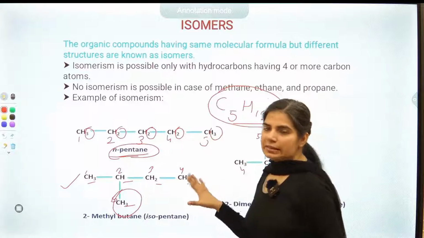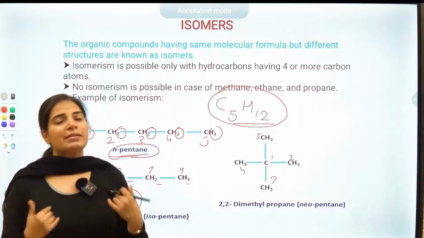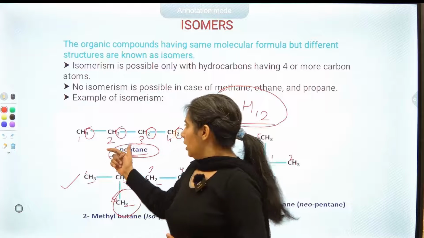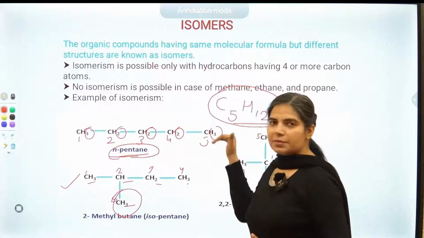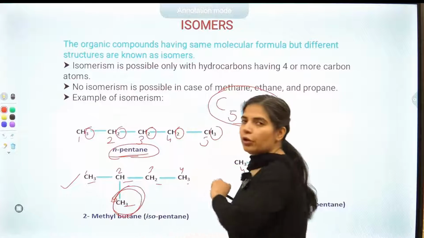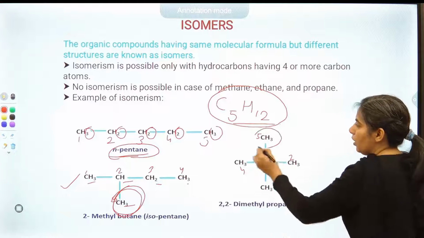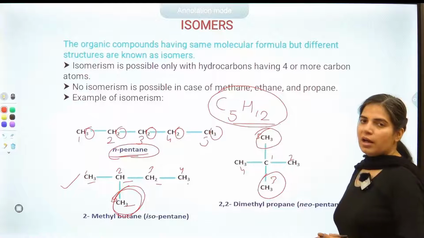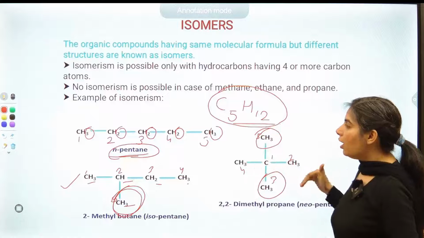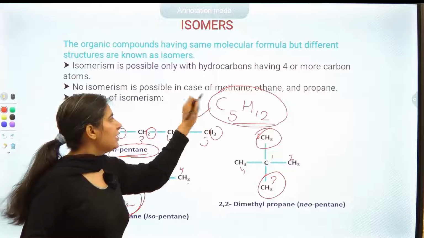Collectively, in these 3 examples, the number of carbon and number of hydrogen are same. But what is the difference? The difference is in the arrangement of atoms. Here, all the atoms are present in straight chain, and here one CH3 molecule acts as a substituent, and here 2 CH3 molecules are acting as a substituent. So these are different arrangement how we can arrange our molecule C5H12.